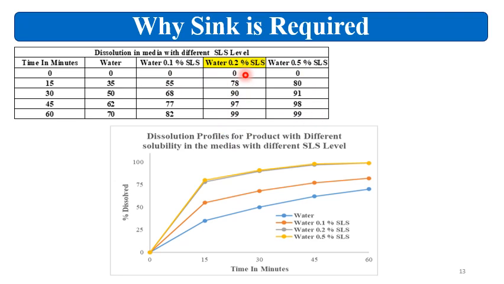Here you can see the water with 0.2% SLS is giving a good solubility and sink condition, but after increasing the SLS percentage from 0.2 to 0.5, still there is not much increase in the dissolution. So you can consider that water with 0.2% SLS is sufficient for getting the sink, and here surfactant is used to have the sink condition.